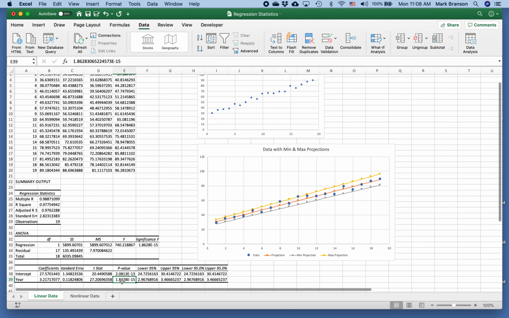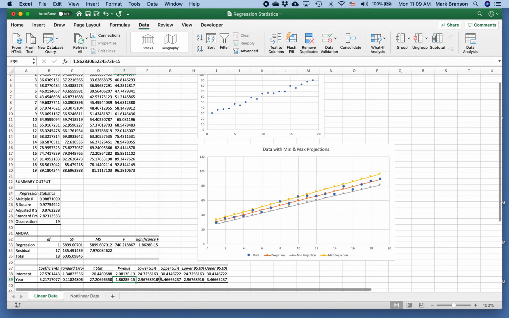So that's saying that if this is less than alpha over 2, so less than 0.025, which it is, 1.86 times 10 to the negative 15th, exactly the same as for the F-test. If that's less than 0.025, then there's a linear relationship. Okay? So again, the F-test and the t-test give us the same information here, but these are the numbers we want to look at. For the F-test, this needs to be less than 0.05. For the t-test, this value needs to be less than 0.025.